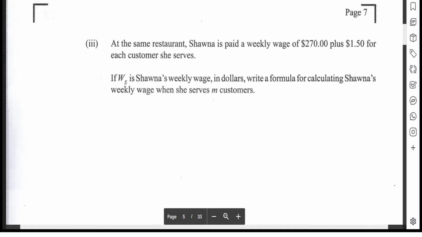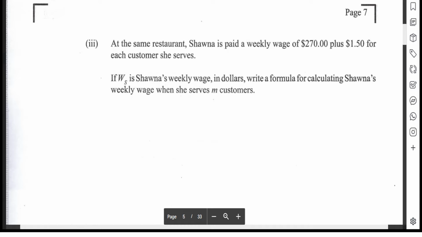Third part of the question reads, at the same restaurant, Shauna is paid a weekly wage of $270 plus $1.50 for each customer she serves. If WS is Shauna's weekly wage in dollars, write a formula for calculating Shauna's weekly wage when she serves M customers.